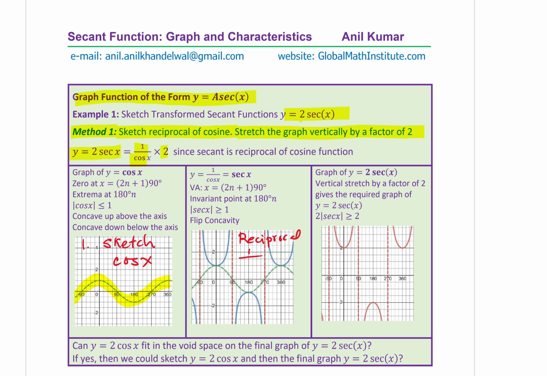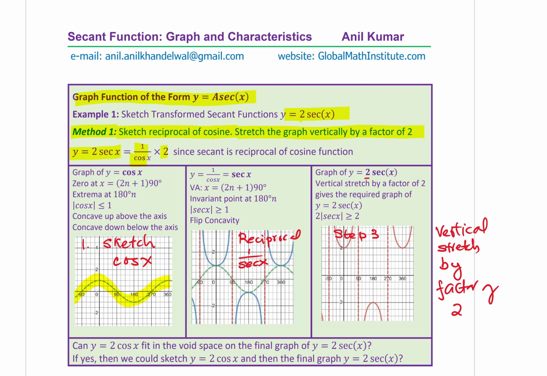That is to get 1 over cos x, correct? So that is what we have done. And step 3 is to incorporate vertical stretch, right? By a factor of 2. So these are the 3 steps involved to sketch the secant function from the cosine function.